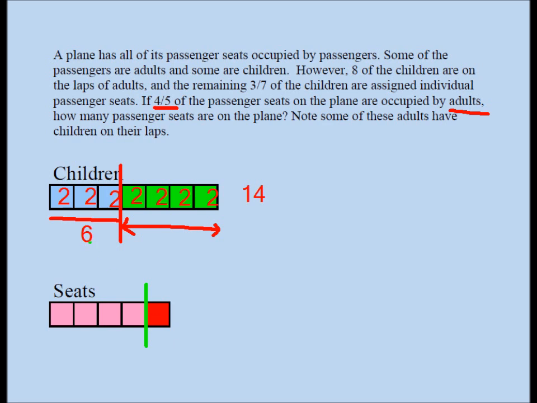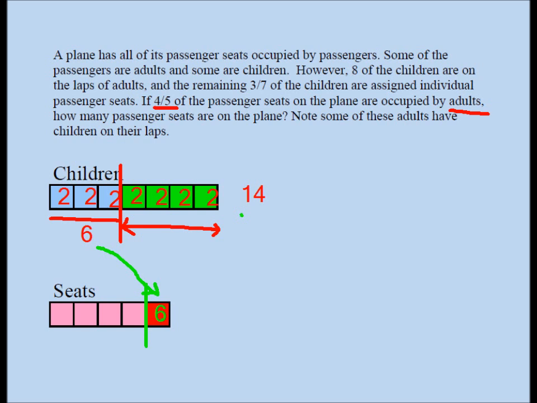So this 6 should really come here. Why? Because if 4/5 of the seats are occupied by adults, 1/5 of the seats are occupied by children, and if from the first picture we decided that 6 of the children are occupying seats, so this 6 should come here.